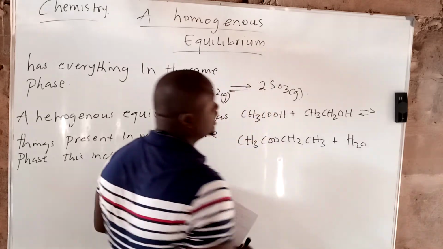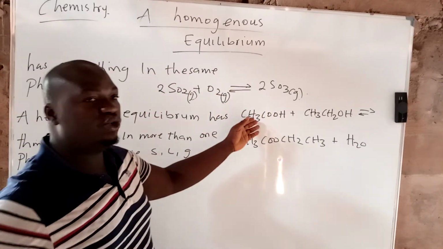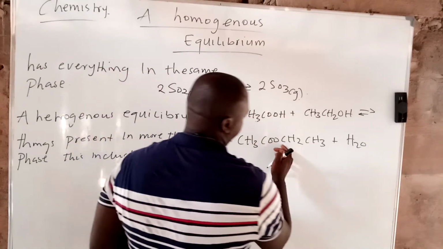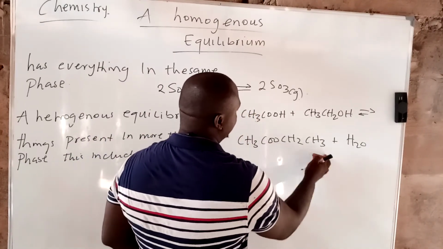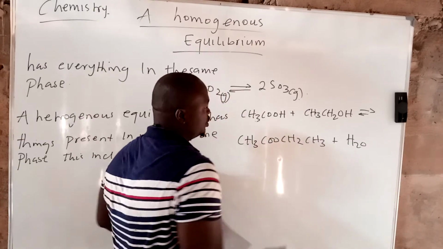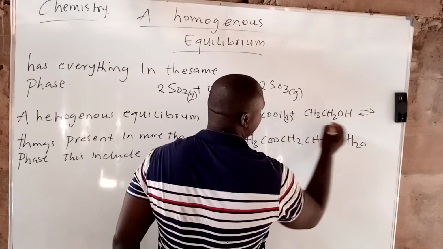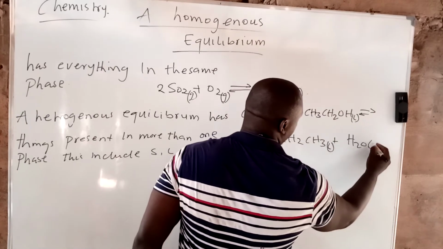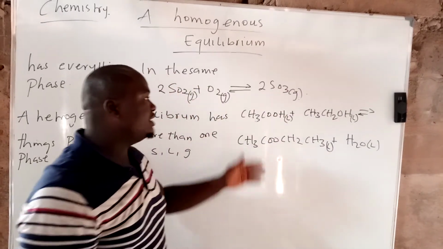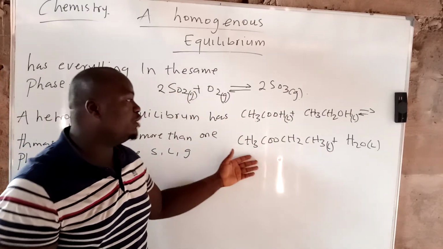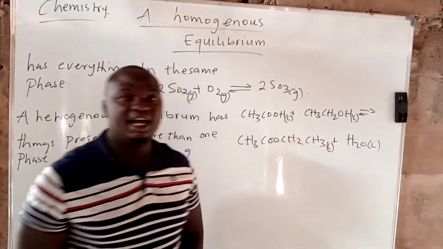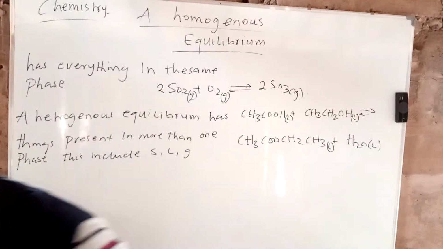This is an esterification reaction between an acid and an alcohol, giving ethyl ethanoate. What I am interested in teaching you here is that all of them are in liquid phase. The phases are the same, and therefore that is a homogeneous equilibrium.